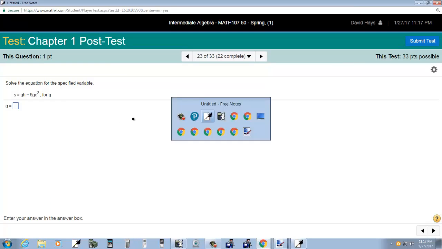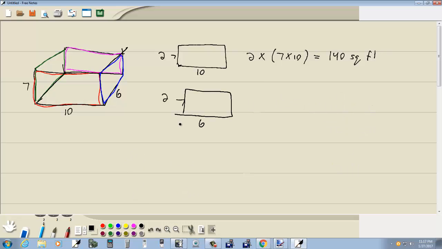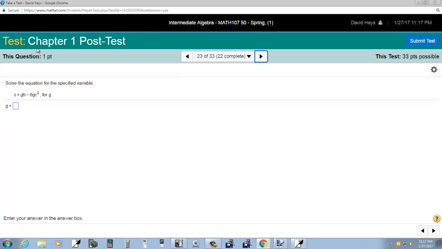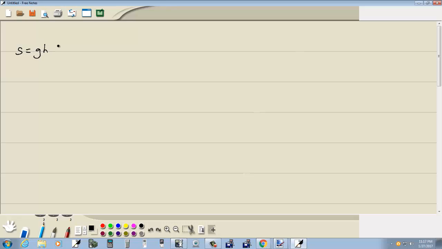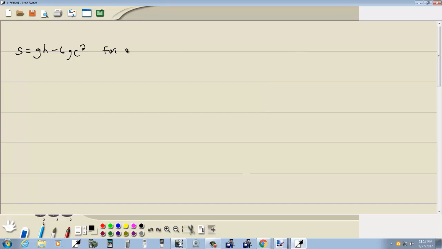Solve the equation for the specified variable. Let me get rid of this horrible word problem here. We got S is equal to GH minus 6GC squared. We're solving for G. Okay, step 1, get rid of parentheses.